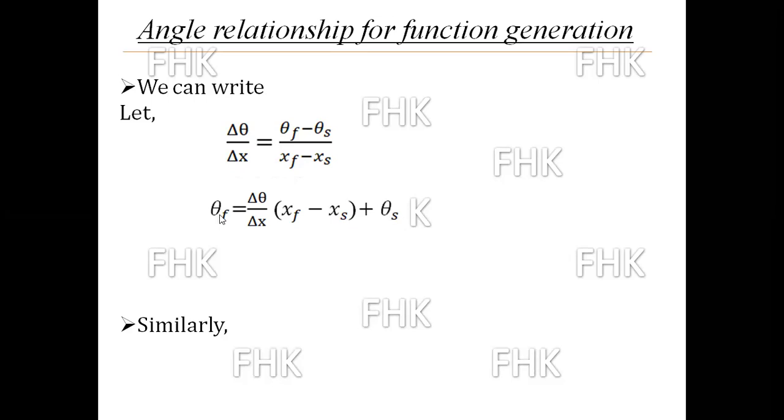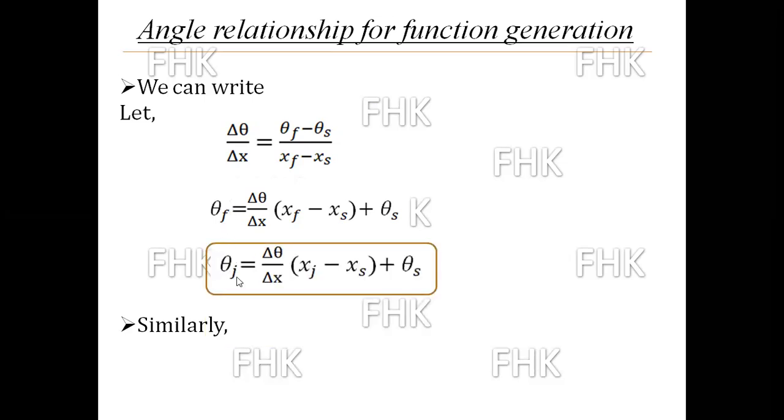Okay, so theta at j position, theta at first position or second position or third position, if you have to find out three precision points, the formula will become theta j is equal to delta theta divided by delta x into xj. If it is the second position, the x will become x2, or for the third precision point, it will become x3.